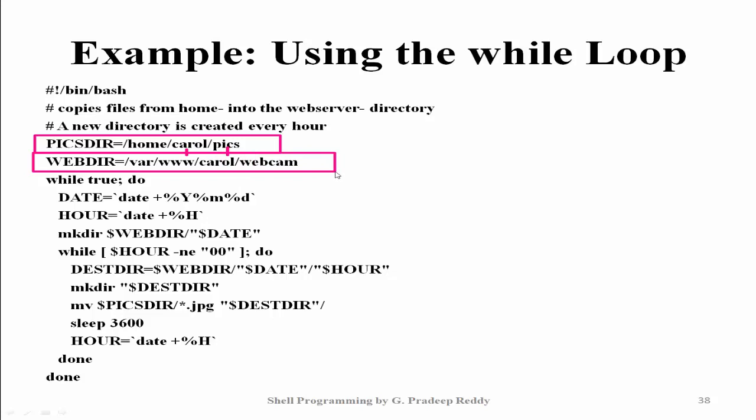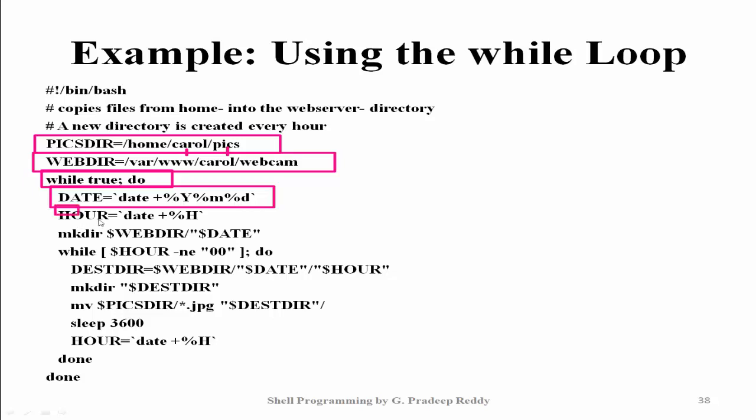The web directory will be in some other location, www.carl/webcam. Here you are going to specify while it is true, then do the following statements. Date, it has to take the date, year, month. So now here you have specified date, %y for year, %m stands for month, %d stands for date.